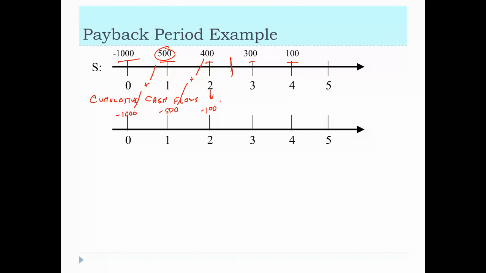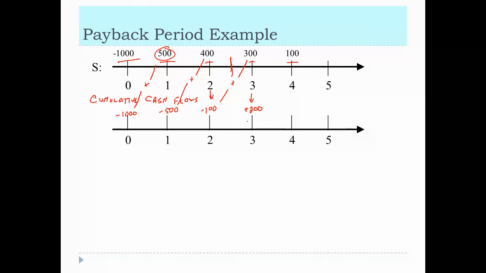Negative 100, adding together with the next year's cash flow of 300, gives us a cumulative cash flow of negative 100 plus 300, positive 200. We could keep going, but there's really no need to continue here because we've reached the point of having more than recovered our investment. After 3 years of cash flows, this project has more than recovered its cost.